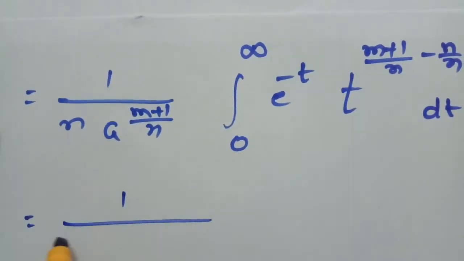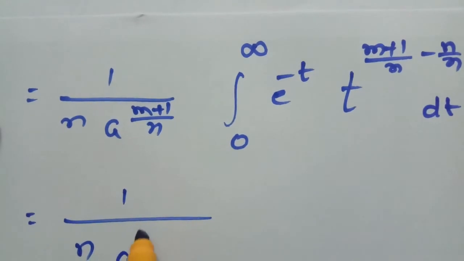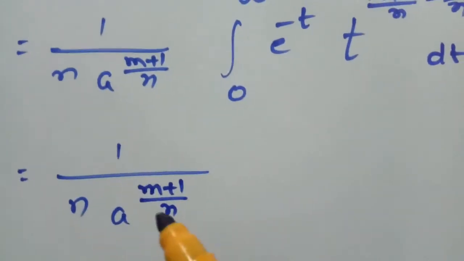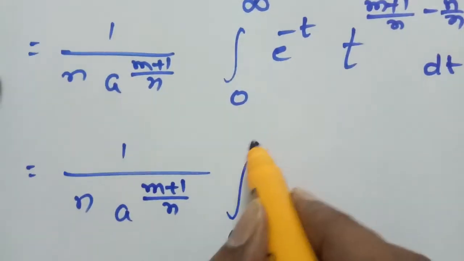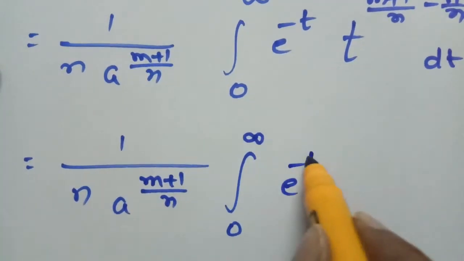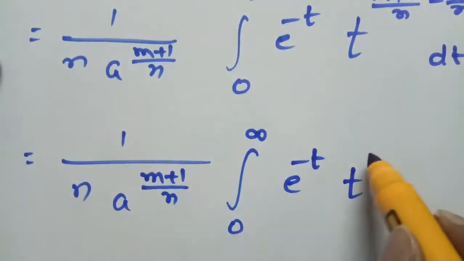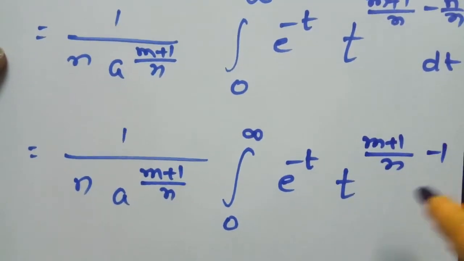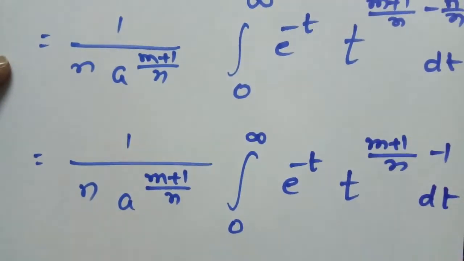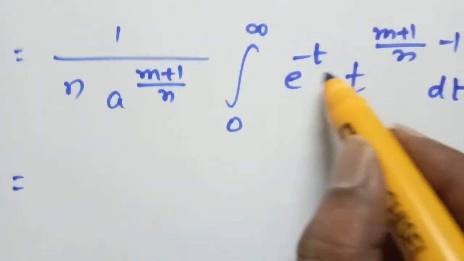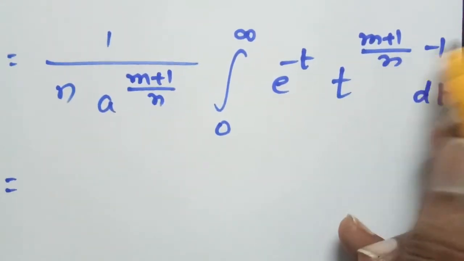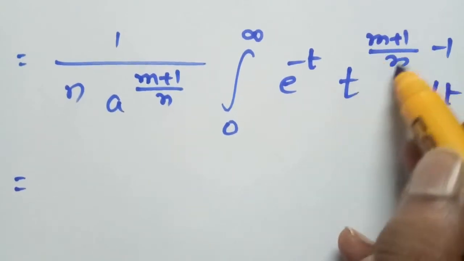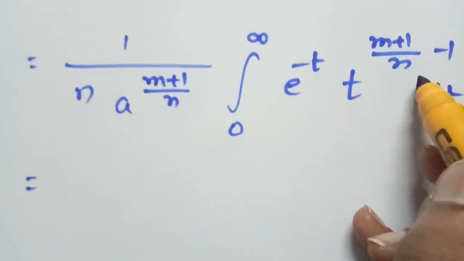Therefore, this is 1 by n into a power m plus 1 by n into integral 0 to infinity e power minus t t to the power of m plus 1 by n minus 1 into dt. Therefore, this is of the form e to the power of minus t into t to the power of n minus 1, in the place of n here, m plus 1 by n.